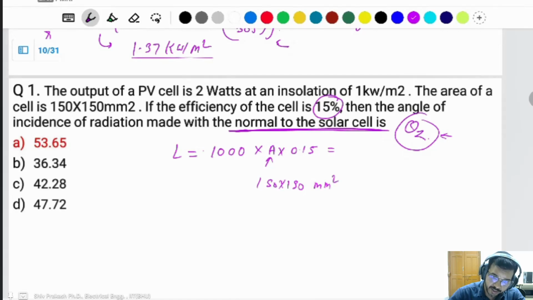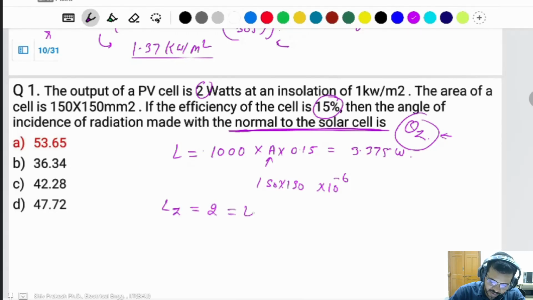First calculate in meter, simply multiplication of 10 to the power minus 6. Then it will be 3.375 watt. The output is mentioned as 2 watt.